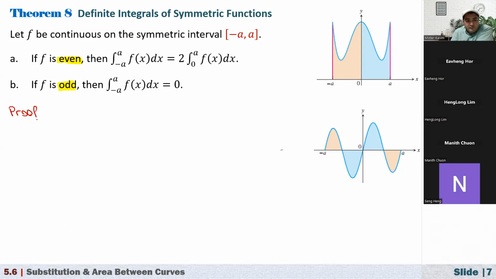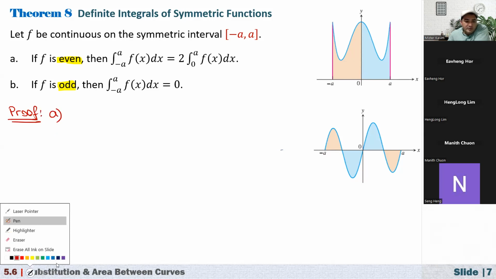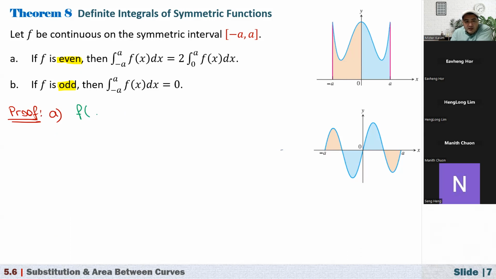Proof. Part A. So now it says that f is an even function. What do we know about this? Even means that f of -a is equal to f of a. Even means that -a or a gives us the same value.